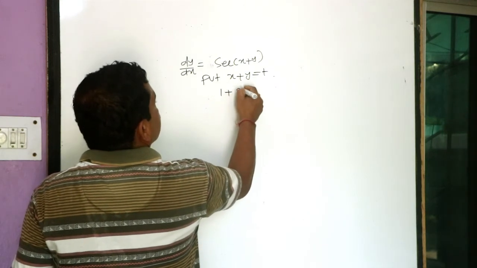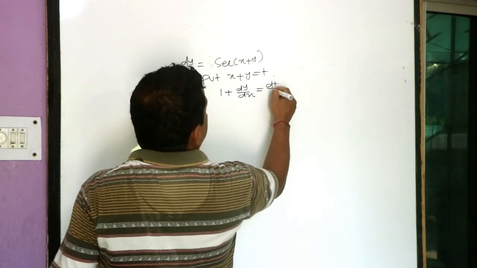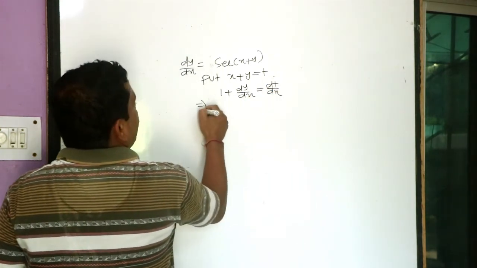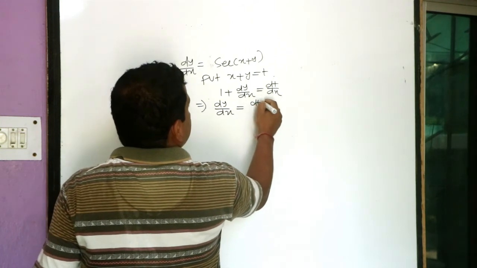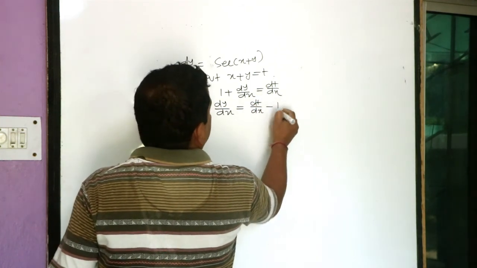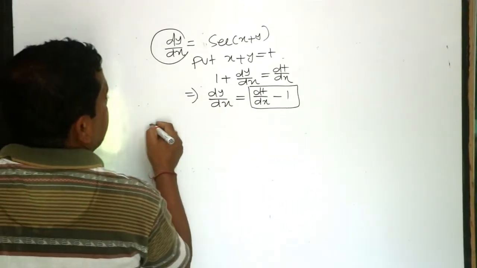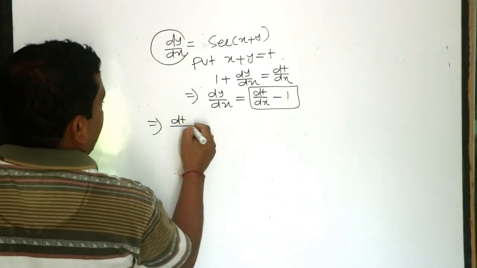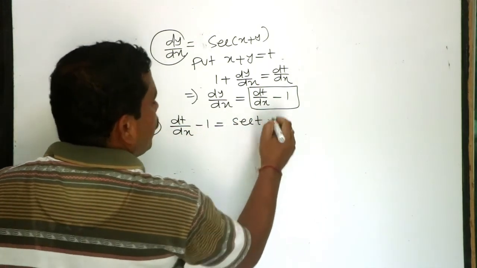Then 1 + dy/dx = dt/dx, so dy/dx = dt/dx − 1. Then instead of dy/dx, write dt/dx − 1 = sec t.